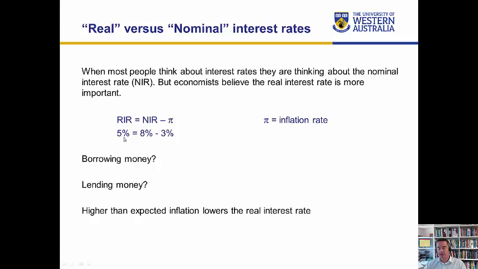Let's think about a more extreme example. Let's imagine that the nominal interest rate is 8%, but the inflation rate is 10%. Now, these numbers in reality would be almost impossible to achieve in a financial market. Let's ignore that. Just for the sake of argument, let's assume that the nominal interest rate is 8% and inflation is 10%.